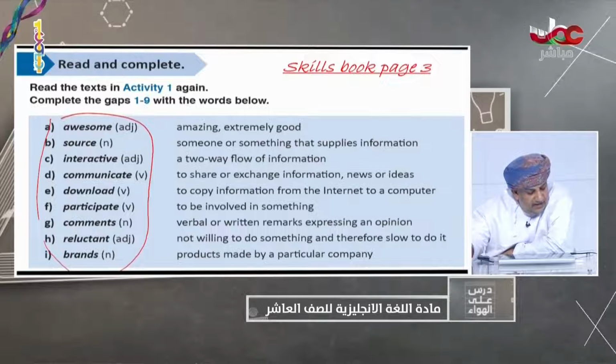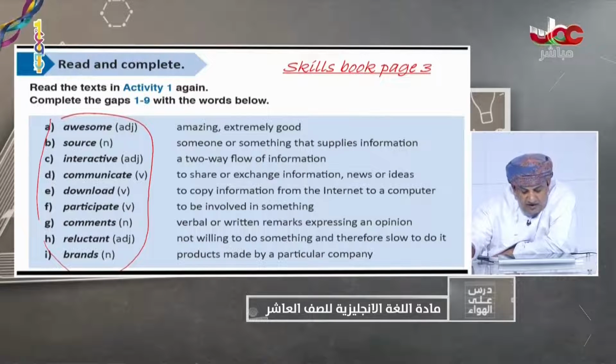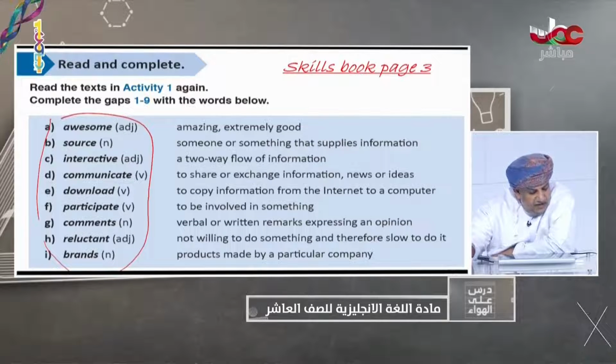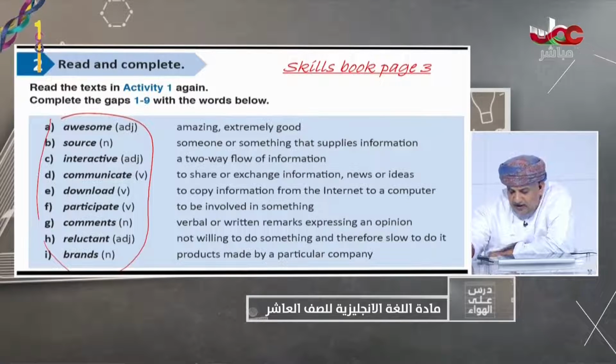Letter G, comments, this is a noun. Verbal or written remarks expressing an opinion. Letter H, reluctant, means not willing to do something and therefore slow to do it.